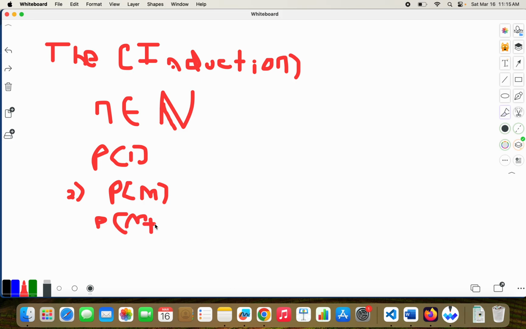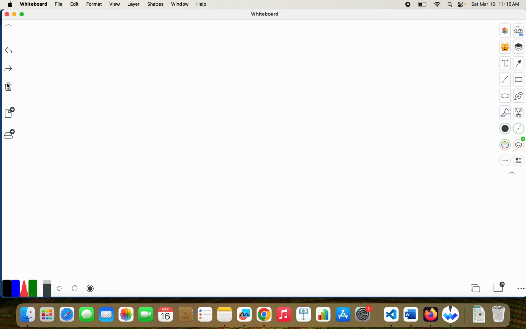So the two things we need to do when proving a statement are to prove the base case, where the statement with 1 works, and the step where P of m implies P of m plus 1. Now let's prove induction. I'm actually only going to do one or two proofs with induction.